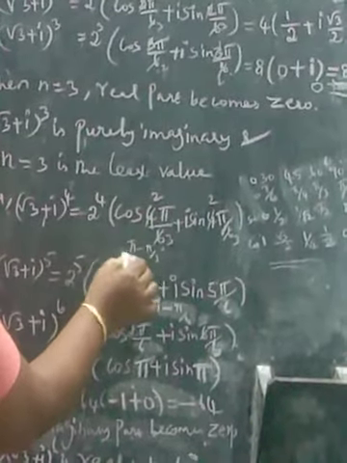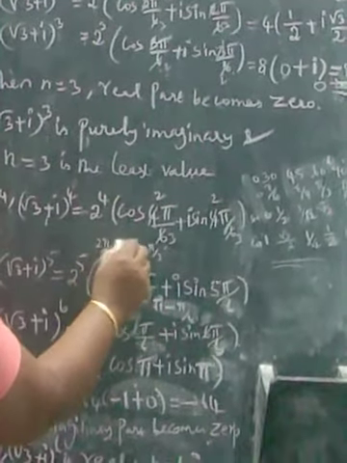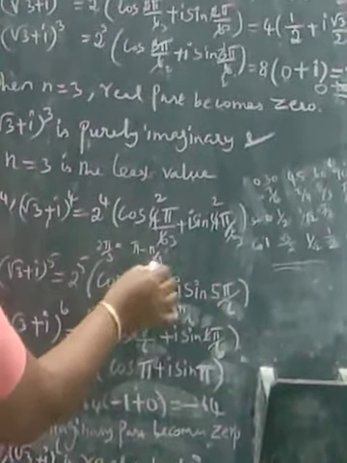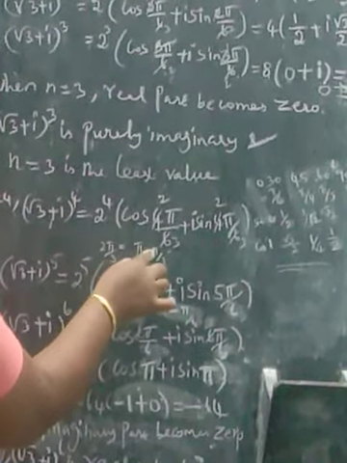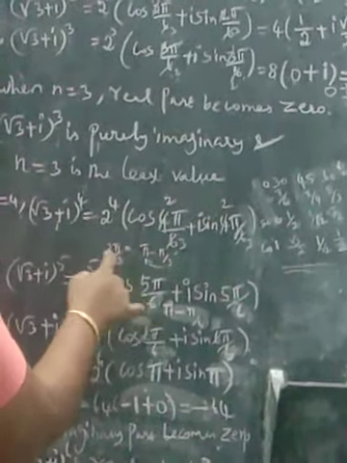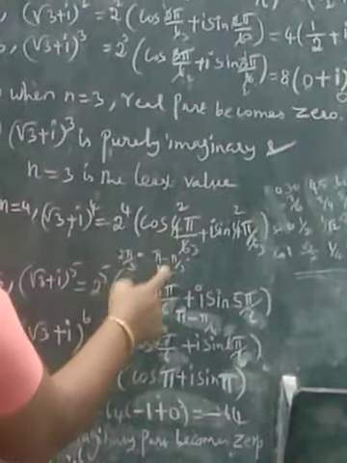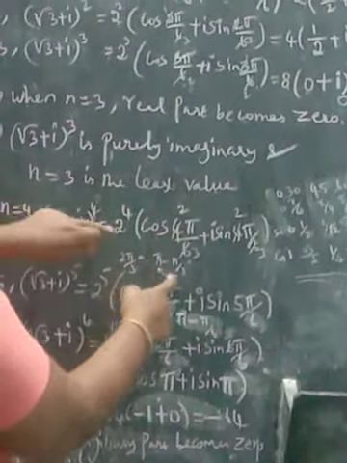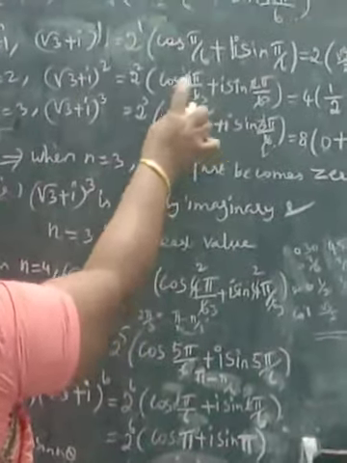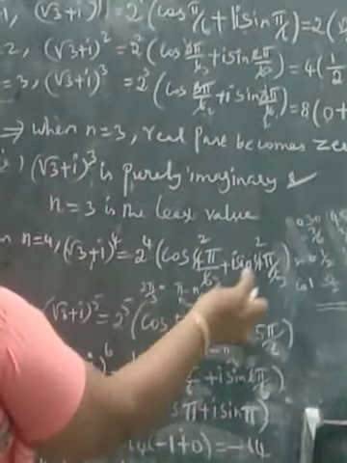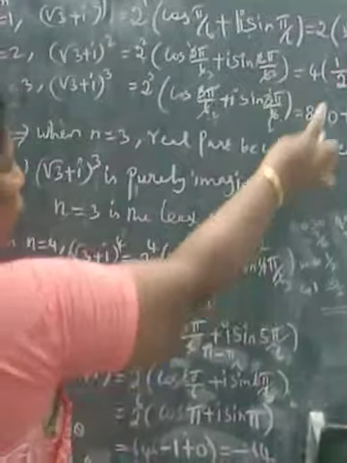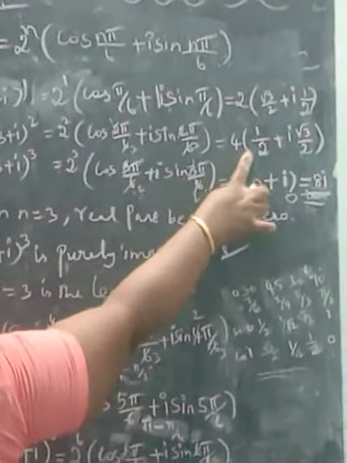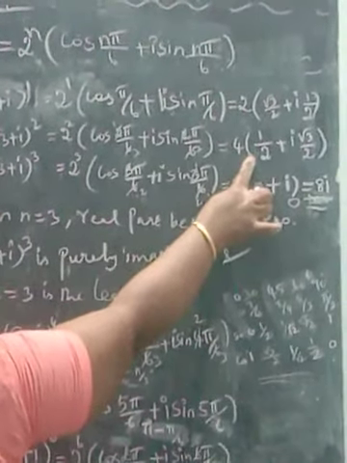We can write 2 pi by 3 as pi minus pi by 3. Since cos of (180 minus theta) is minus cos theta, this becomes cos pi by 3, and likewise sin pi by 3. So we get some value. Here it is neither purely real nor purely imaginary.